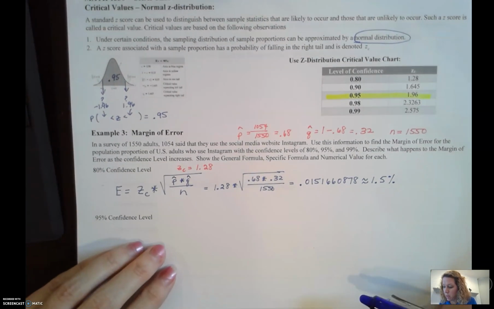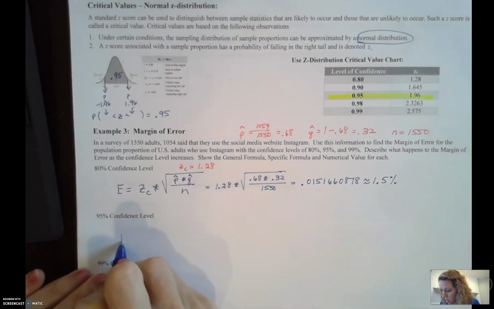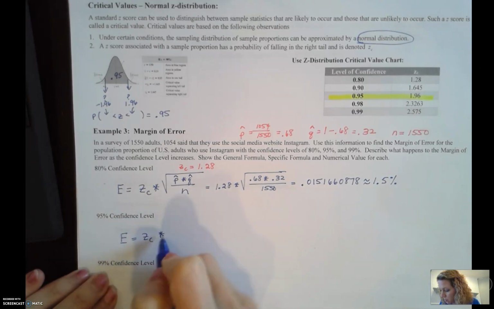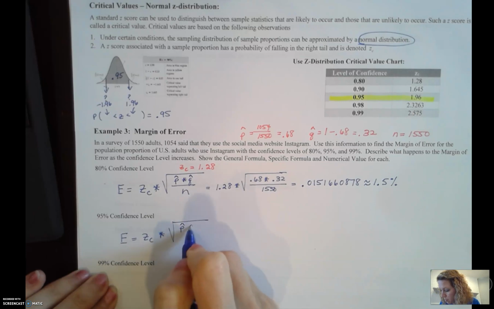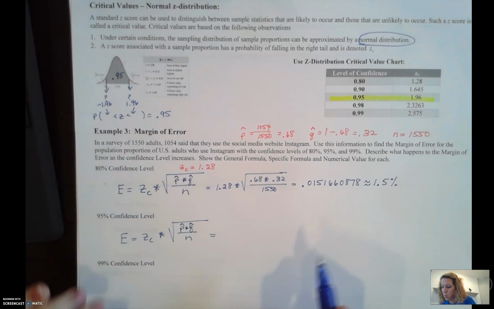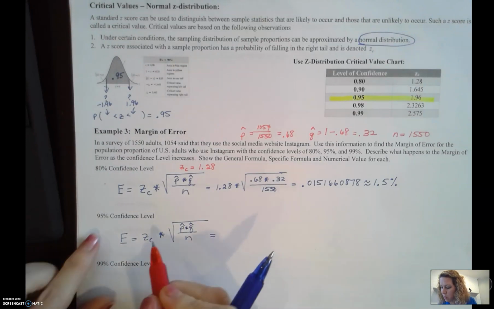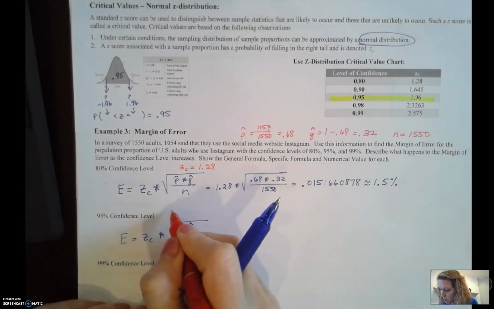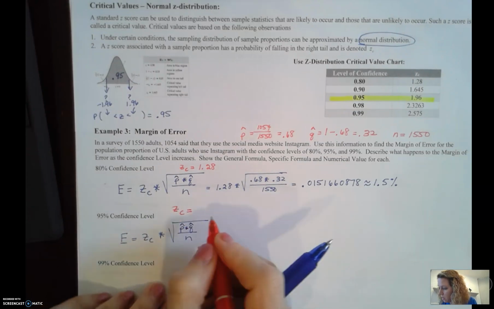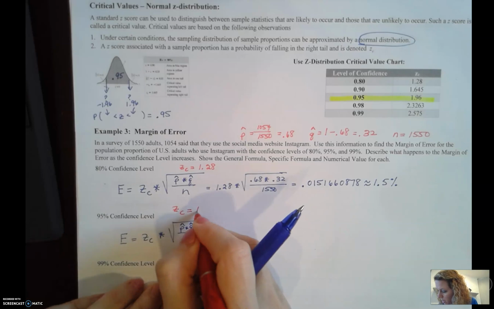Let's try the next one, 95% confidence level. Again, we're using the same formula, except now we're going to have a different critical value. Now we have 95%, so our Z critical value when it's 95% confidence level is going to be 1.96.